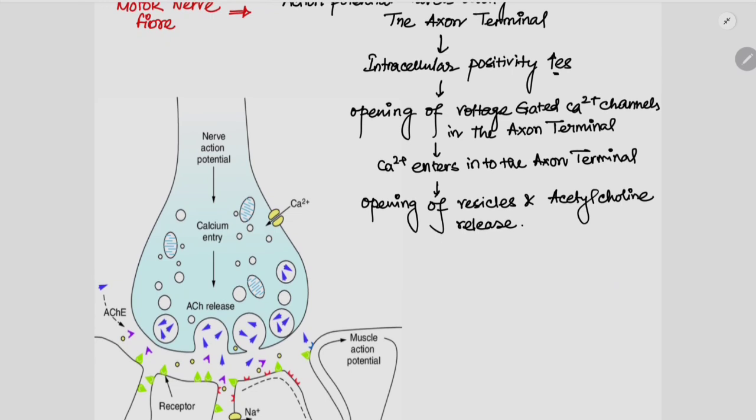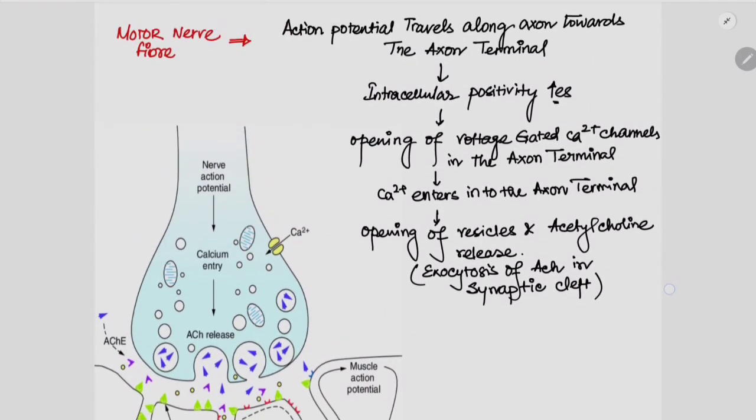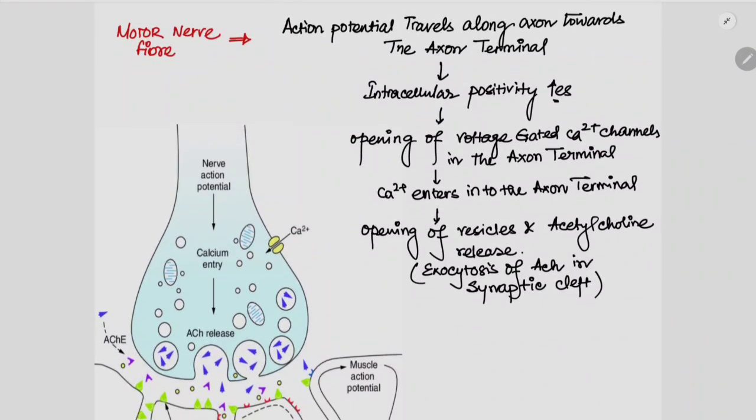So calcium helps in exocytosis of those vesicles, or the exocytosis of the acetylcholine into the synaptic or the neuromuscular cleft. Okay, so this all happens in the axon terminal.